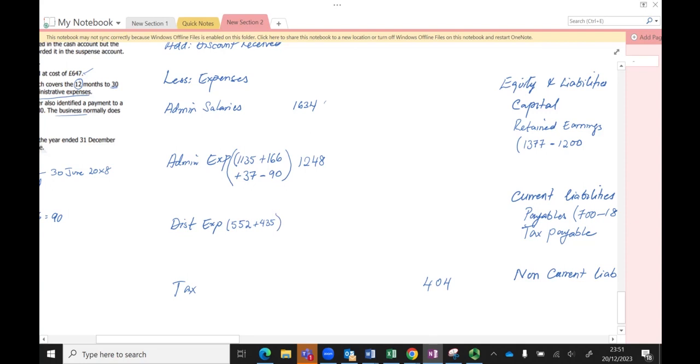Next is 552 plus 435. That gives us 987. Now, if we add all these three expenses, then the total will be 3869.